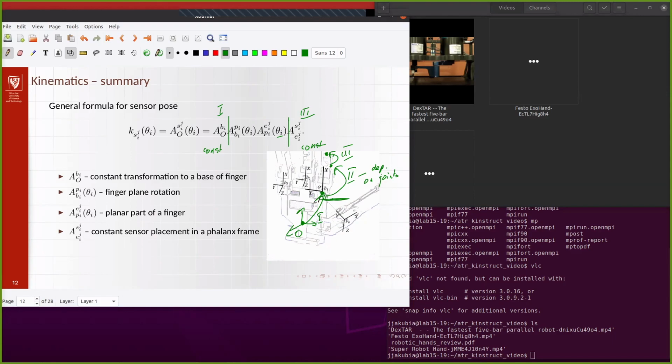Why do we split it in that way? Because, of course, we can have another joint and another point of interest on the next link, and we need both the transformation to our point of interest and also a transformation to the next joint for the purpose of further kinematics. So that's what we get.